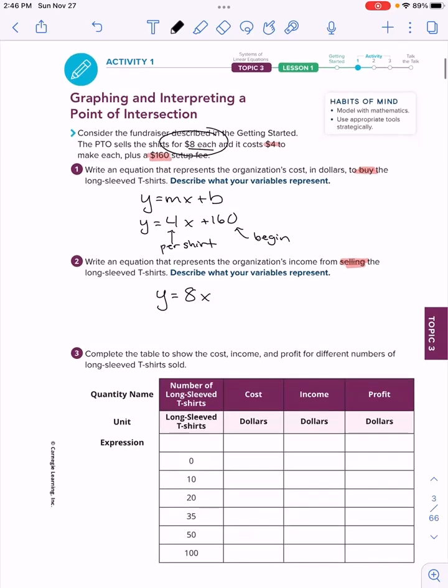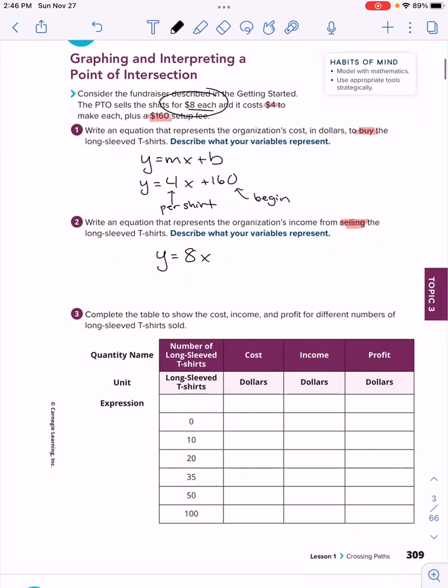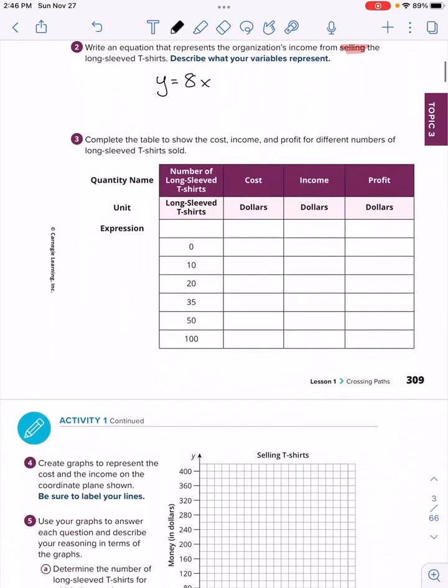If we sell one shirt, 8 times 1 is 8. If I sell 2 shirts, 8 times 2 is 16. So we're just multiplying whatever x is by 8 for the number of shirts. We're going to use that information to help us with these varying things that we have here.